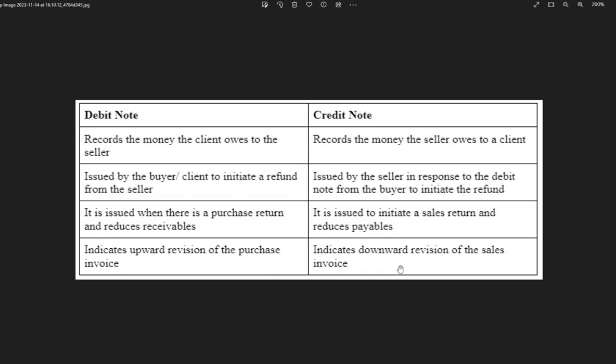That means my revenue is reducing, because earlier I had sold it for 2 lakh rupees, but he has returned 50,000 worth of goods. Now it means that I have sold only 1 lakh 50,000 worth of goods to him. That is the meaning of this upward revision or downward revision.